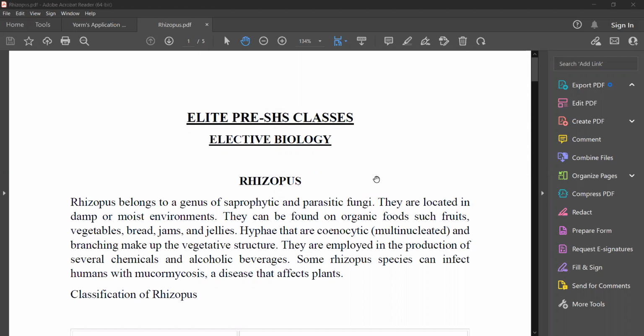And I'm sure most of us have seen Rhizopus before. I hope we've all seen carbohydrate foods that are going stale, like banku, fufu, or even bread that is going stale. I think we've all seen these foods before, and we've all noted some quite fluffy substances that grow on top of them.